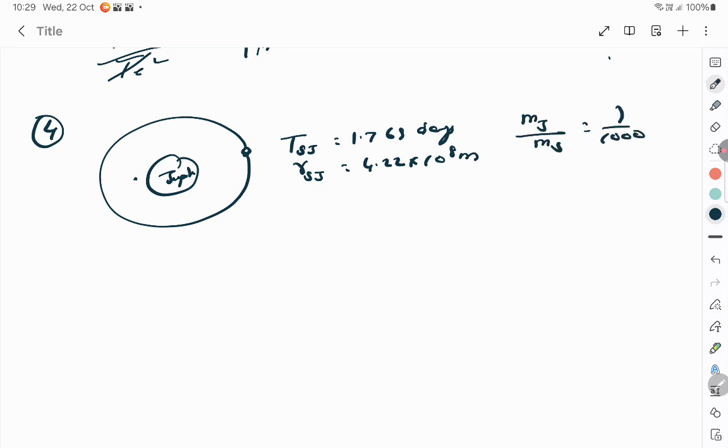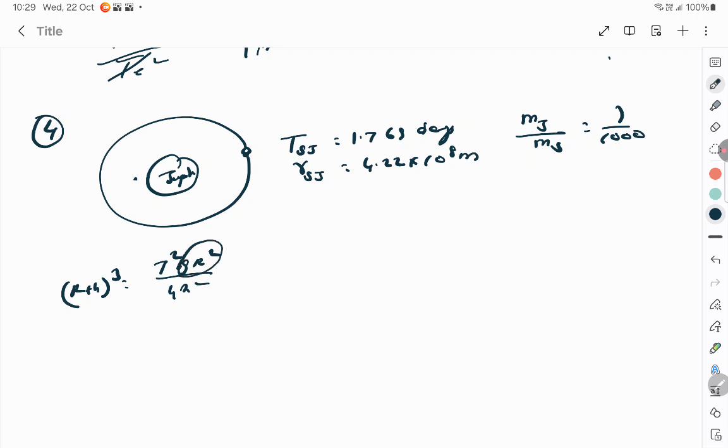The time period has been given and you want a relation with mass, so immediately go for this formula, where you remember we did T square (R plus H) the whole cube is equal to T square G R square by 4 pi square.